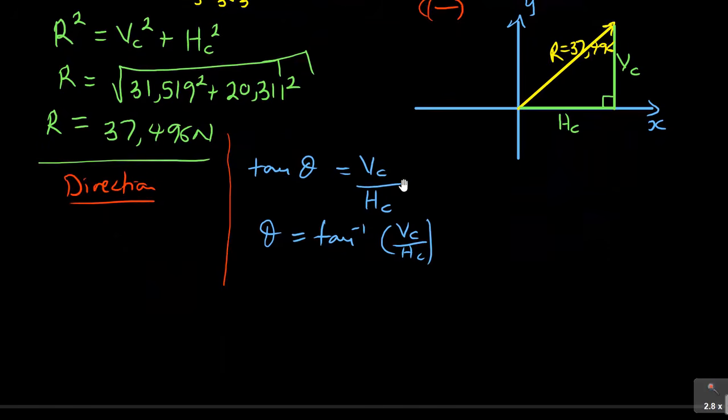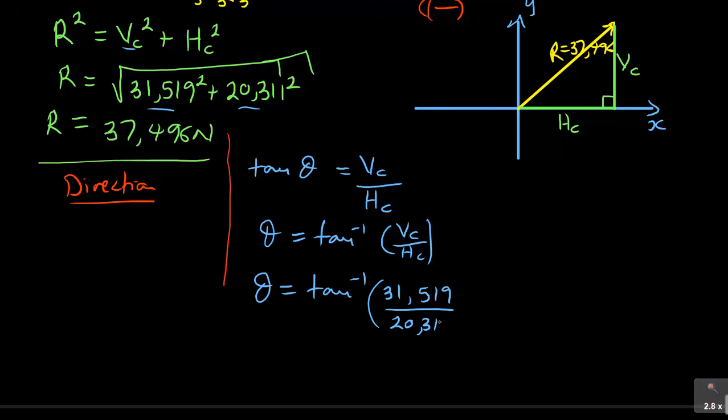That's how you find the angle there. So it will be arctan, your vertical component, remember, is 31,519, over the horizontal component, which was 20,311.